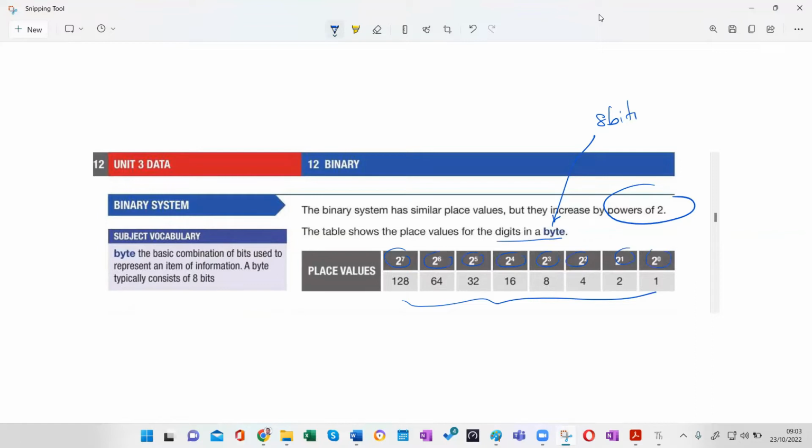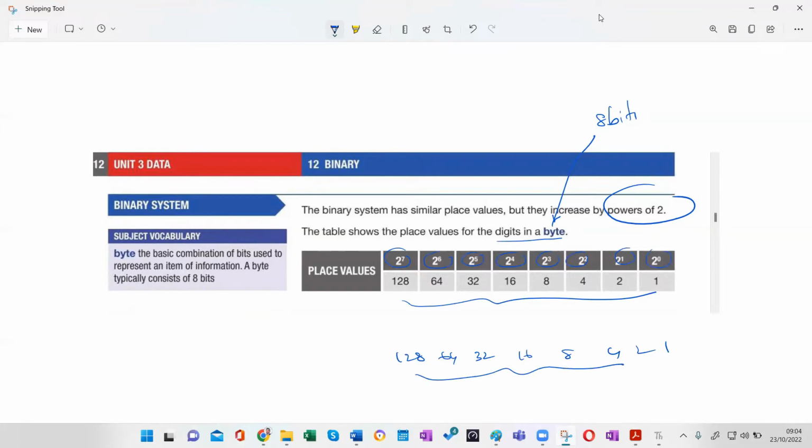So remember, it goes as powers of 2, and to get the next value, you can simply multiply by 2. So 1 multiplied by 2 is 2, 2 multiplied by 2 is 4, just like that. So easy, right? 1, 2, 4, 8, 16, 32, 64, 128. Up to this is fine because we normally deal with 8 bits.